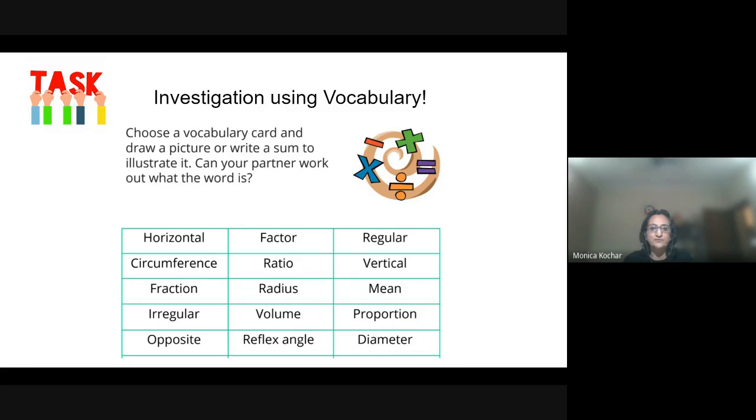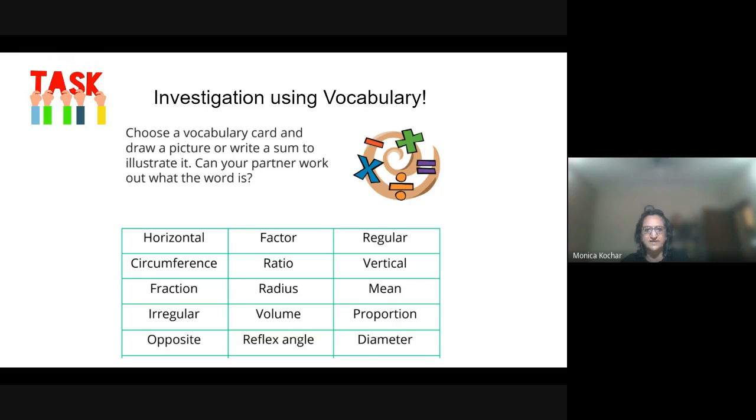This is one of my favorites because vocabulary of math is so important from grades, I think when they start talking till grade 12. Give them all the words that they have learned and ask them, this can also be like a homework. Choose a vocabulary card and draw a picture or write a problem to illustrate it. And if you're working in a group, then you make a card and ask your partner, can you guess what this word is?